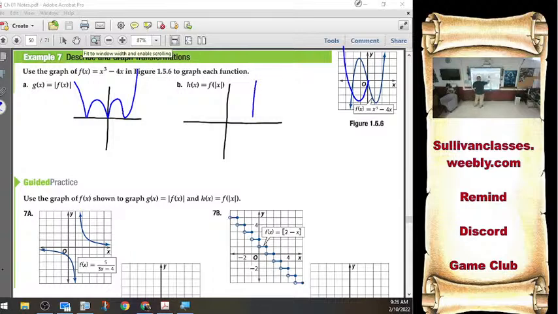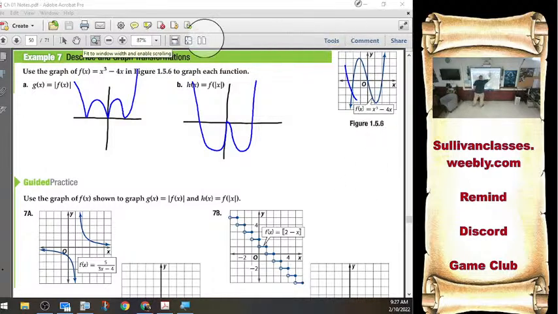So I get that. Okay? Absolute value of the whole thing, bottom comes up top. Absolute value just the input, right overrules left. That's it. That's what absolute value does.